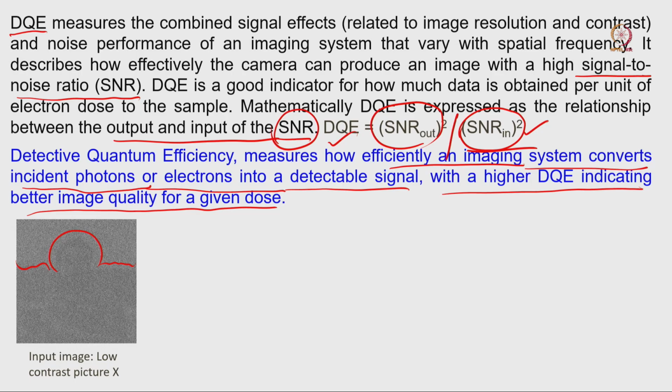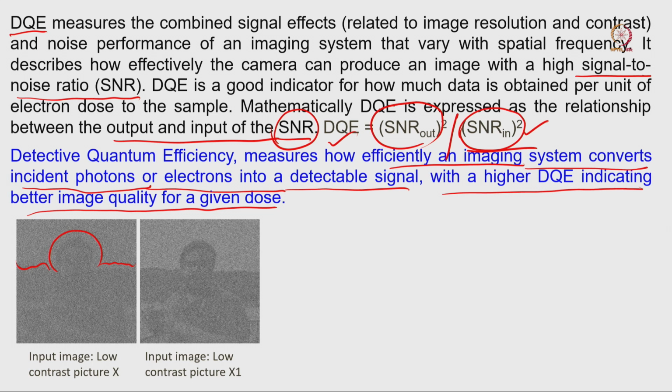But if we gradually increase the readout signal, SNR out is much higher, so DQE will be much higher. Now you can see it is much more prominent. It looks like some kind of architecture, and something else is also going on there, but still it is not clear.